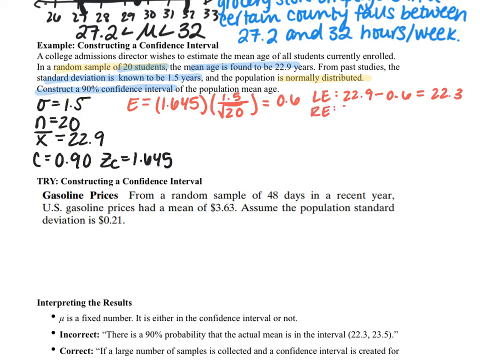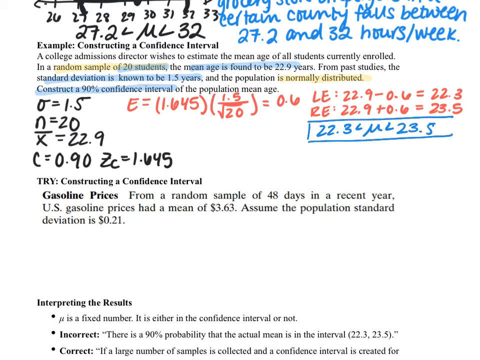Our right endpoint is going to be 22.9 plus 0.6, which gives us 23.5. So our confidence interval, and I'll do this in blue, is going to be 22.3 is less than the mean, but the mean is less than 23.5. And then we construct our interval for that.